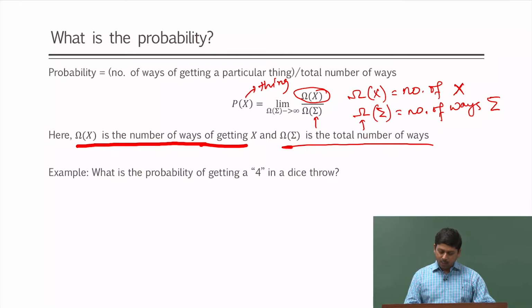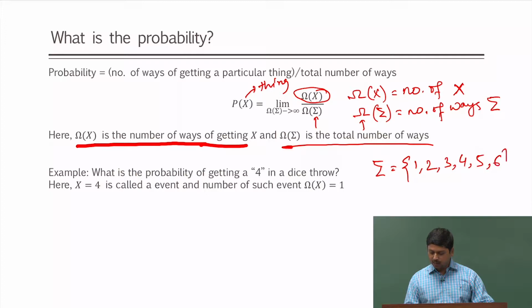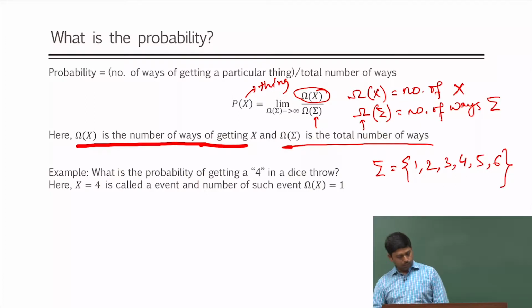So, for example, we say what is the probability of getting a 4 in a dice throw. Here we have to see what are the possibilities that are there in a dice: 1, 2, 3, 4, 5 and 6. I have a dice to show you.